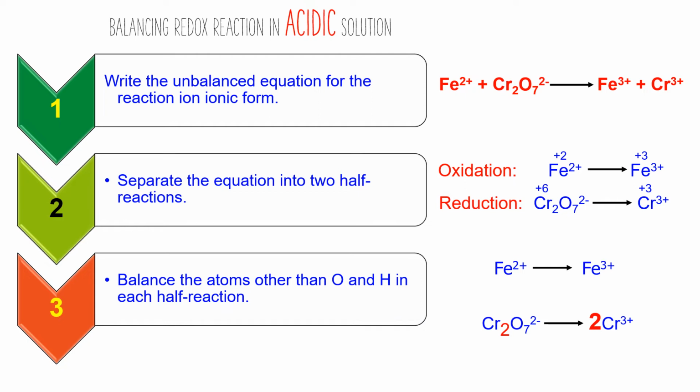Then balance the atoms other than oxygen and hydrogen in each half reaction. Here for iron you do not need to balance because both have one atom, but for chromium you need to balance it on the right hand side of the equation, so it will become 2 Cr3+.